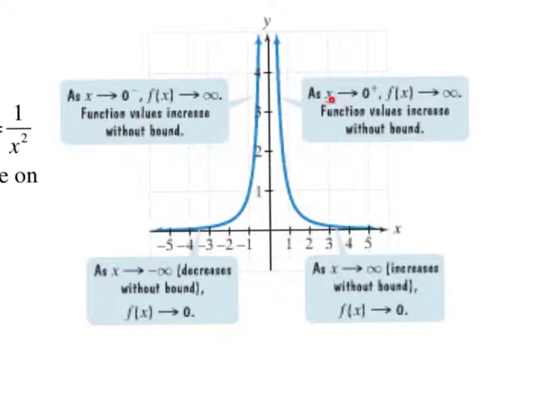So as x approaches 0 from the right, f of x approaches positive infinity, and that's the definition of an asymptote, right? So I can clearly see that I have an asymptote here. And as x approaches 0 from the left, f of x, or your outputs, are approaching positive infinity. So that's all this is saying as well.